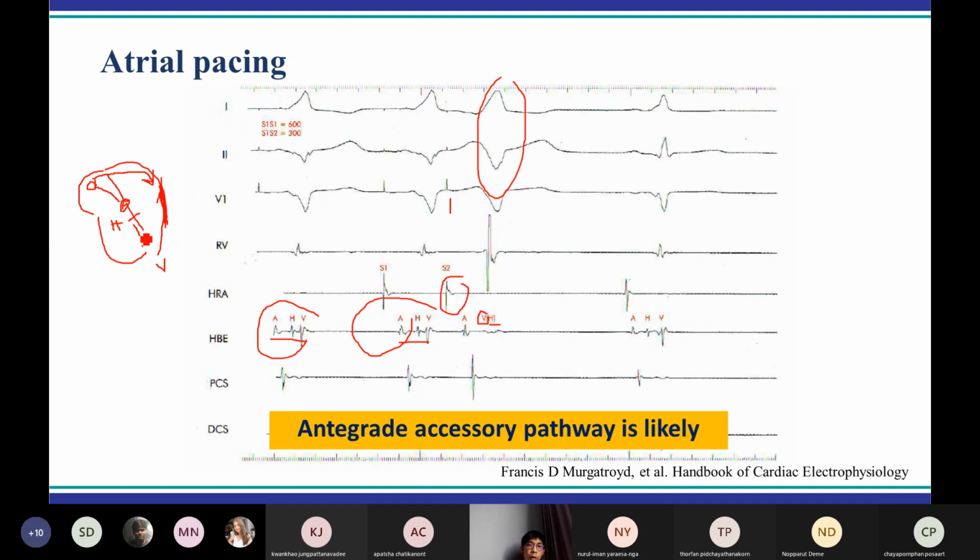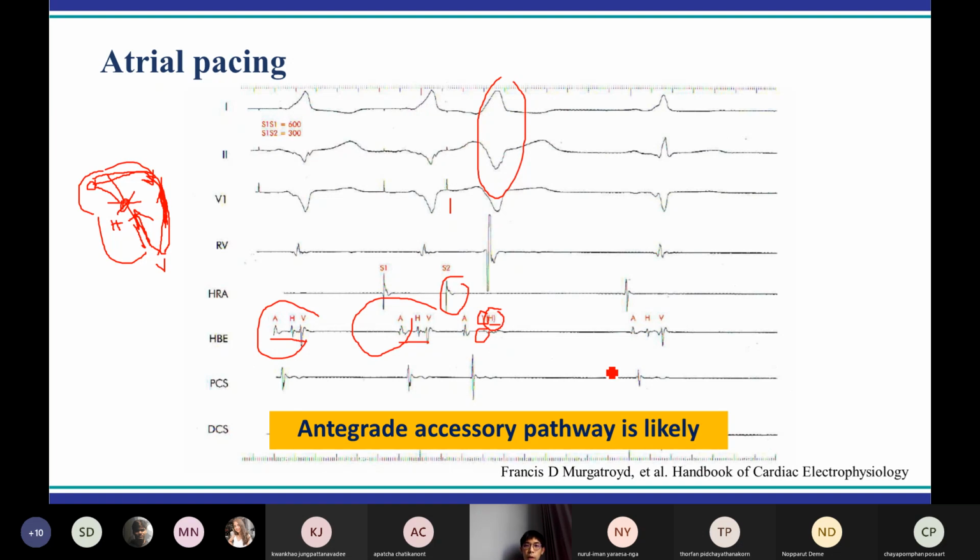And when you pace faster, the AV node is still in its refractory period from the previous beats, so it could not go down here. All of the signal would go down the accessory pathway and reach the ventricle first. After that, the signal would go up into the His. So you will see that the His comes after the ventricle or at the same time as the ventricle.